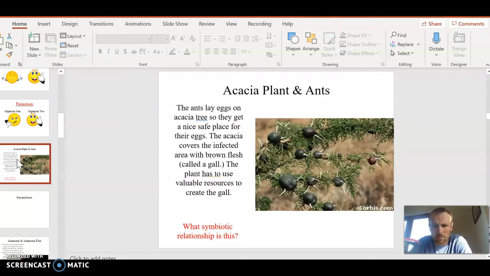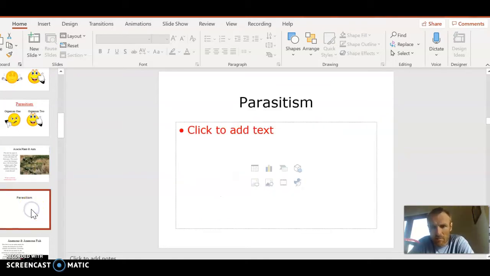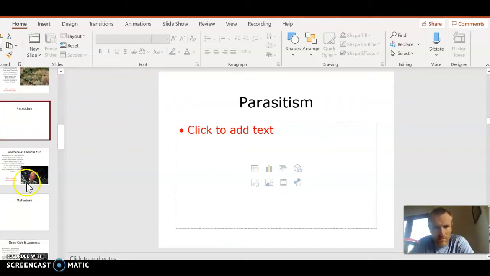So what symbiotic relationship is this? Well, the ants are certainly benefiting at the expense of the tree, and that's often the case with insects and vegetation. Most of the time the insects are harmful, except for beneficial insects like ladybugs, which we'll talk about. But that was an example of parasitism.